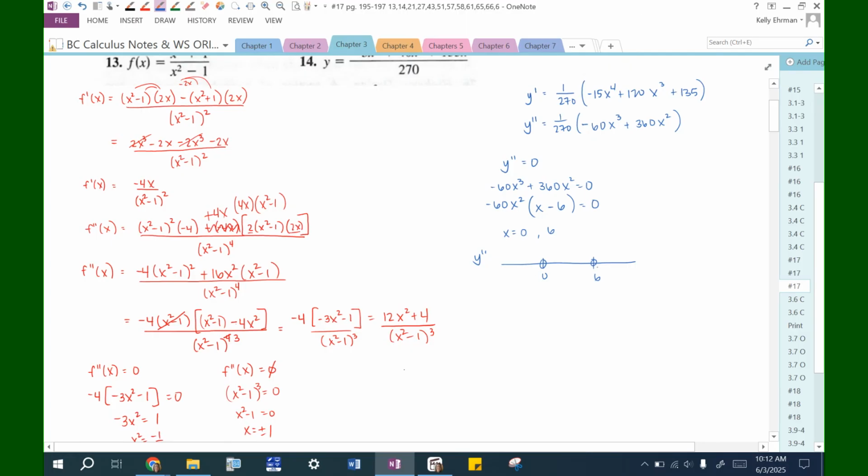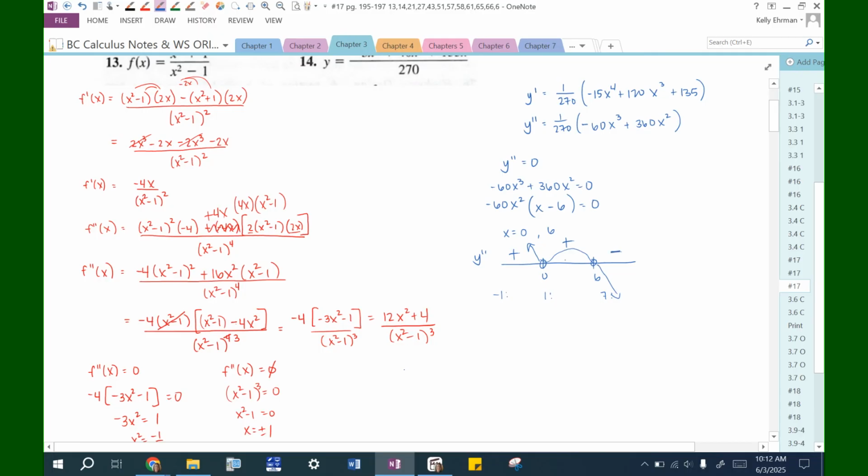It will change signs at 6. Informally, we say bounce versus cross. Graph goes down on this side, up on this side because it's a negative x cubed. Bounce, cross. Or you can test numbers. You can test -1 and 1 and 7 and see what happens. But either way, it's positive, positive, negative.